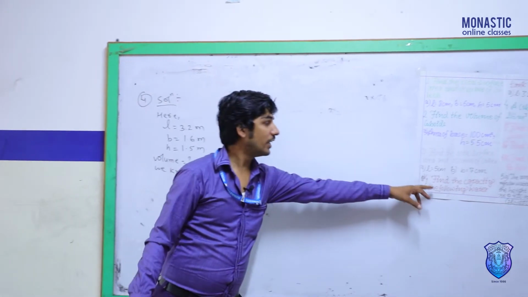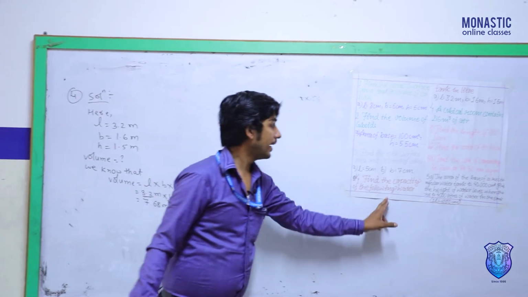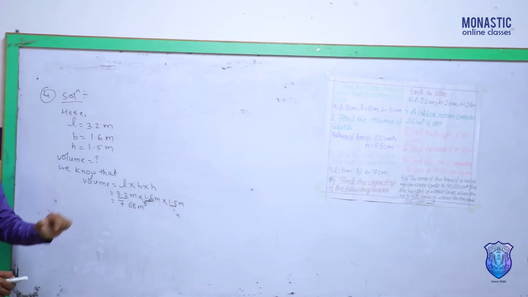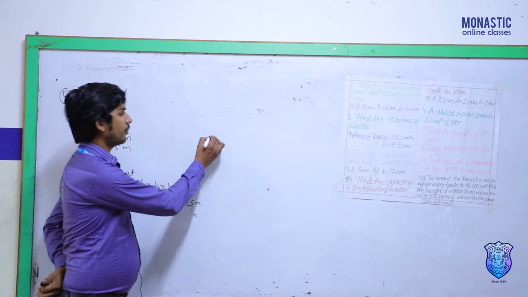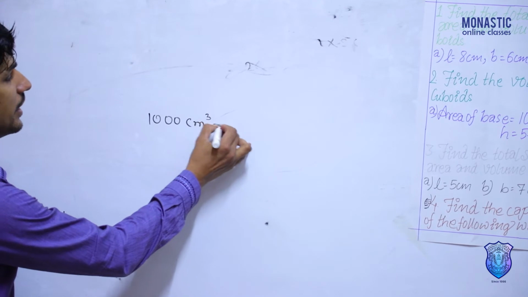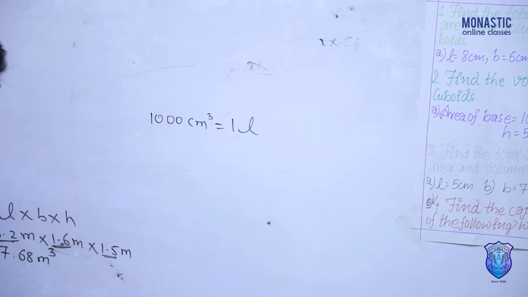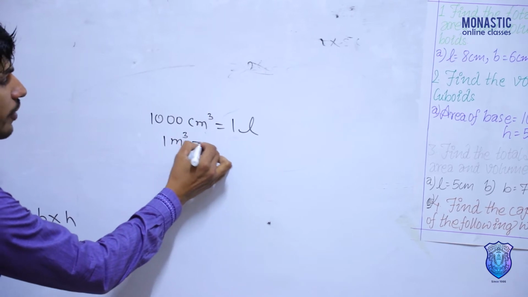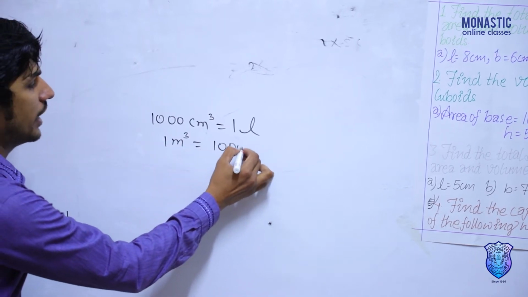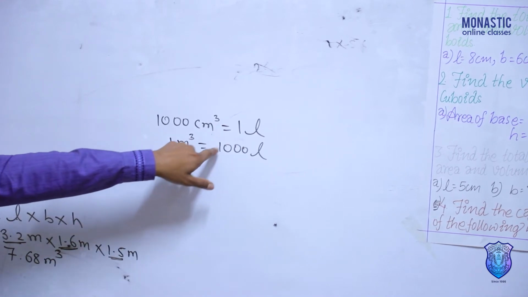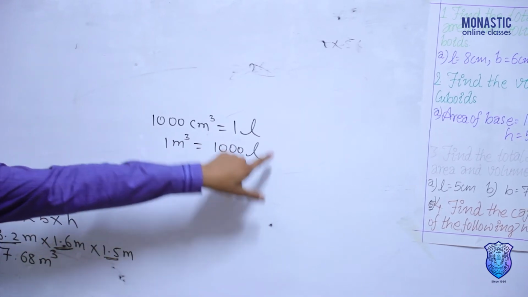But our question is what? In liter. So for that, you know that 1000 cubic centimeter is equal to 1 liter. We also know that 1 cubic meter is equal to 1000 liter.